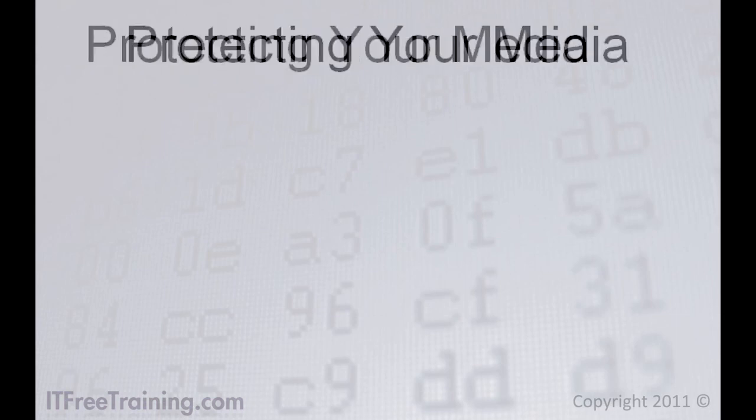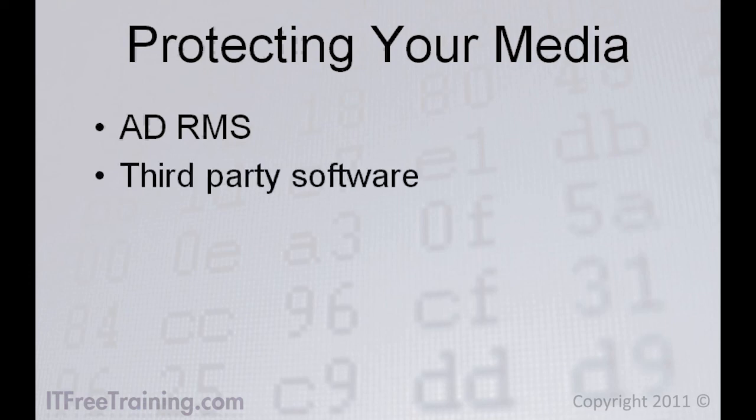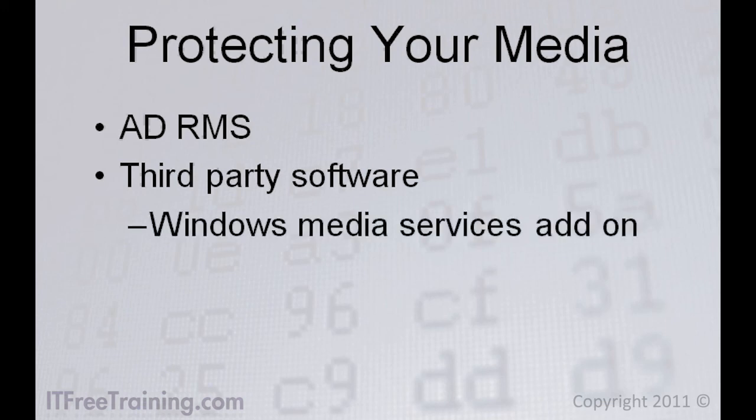When protecting your media, there are a number of different ways that you can achieve this. Firstly, you can use Active Directory Rights Management Services. Make sure that if you do decide to go ahead with this solution, the software you are using supports it. If you want to protect your video and audio, you can use third-party software that can be installed as an add-on to Windows Media Services.